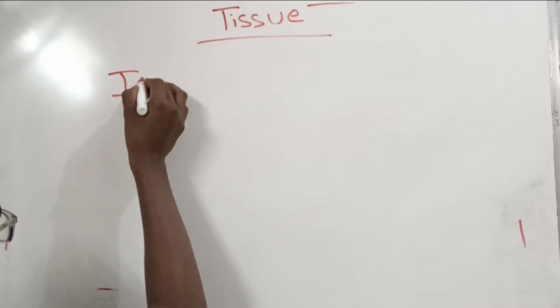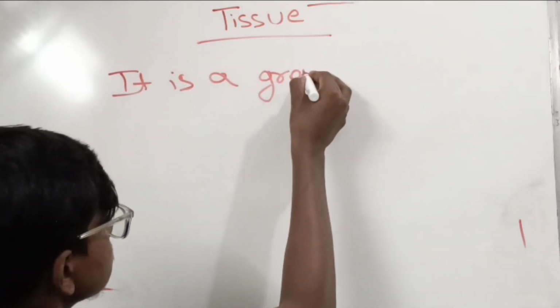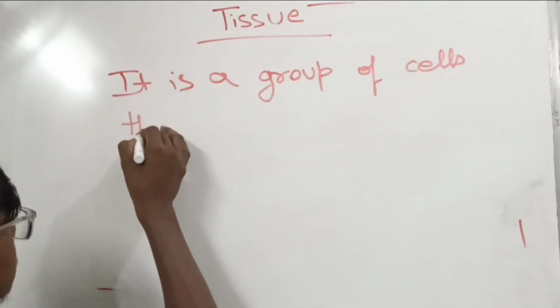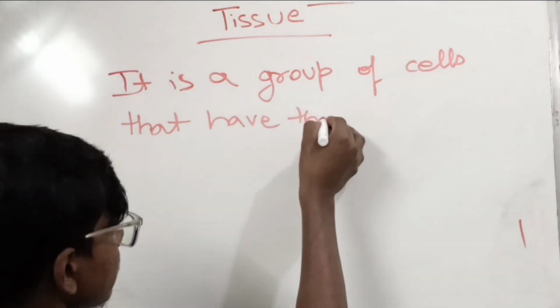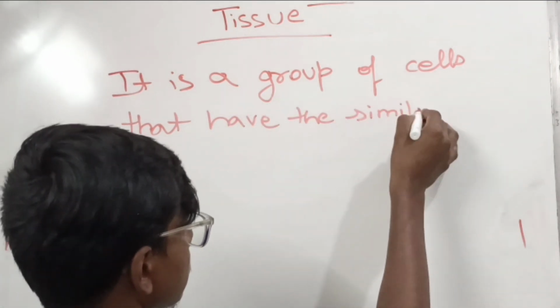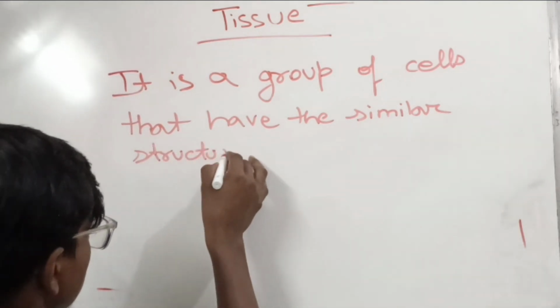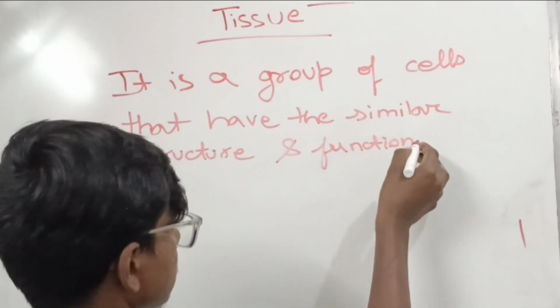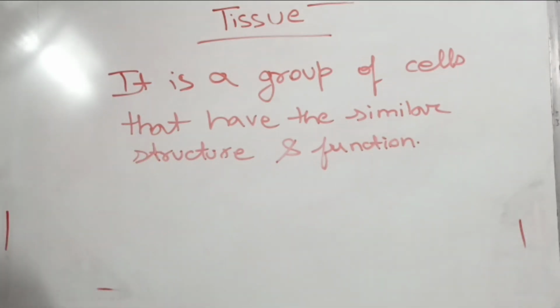Tissue is a group of cells that have similar structure and function. Like in the definition, you can see the cells should have similar structure and function.